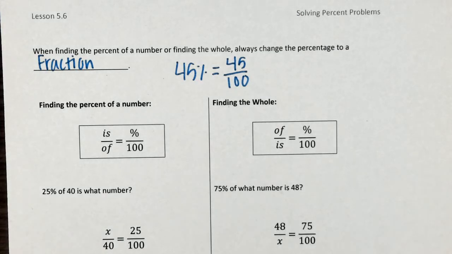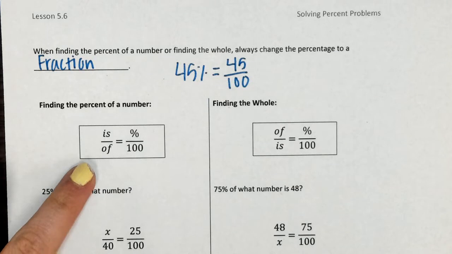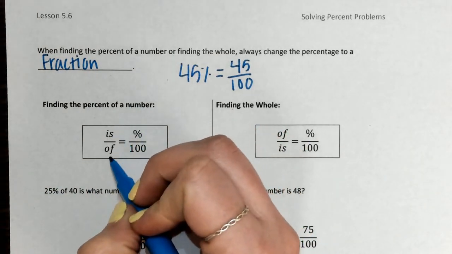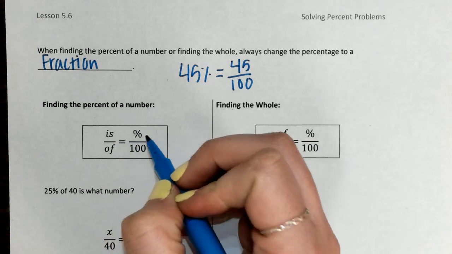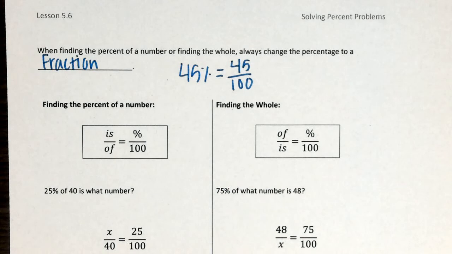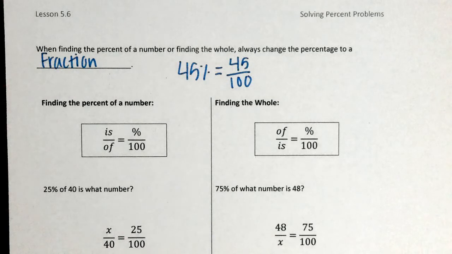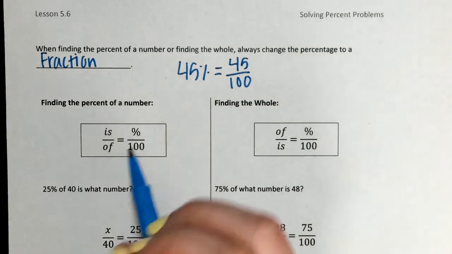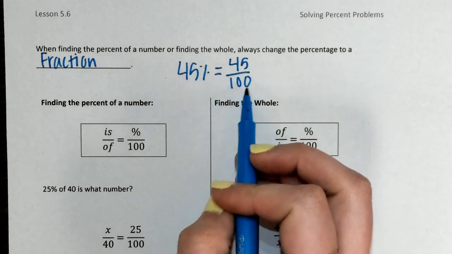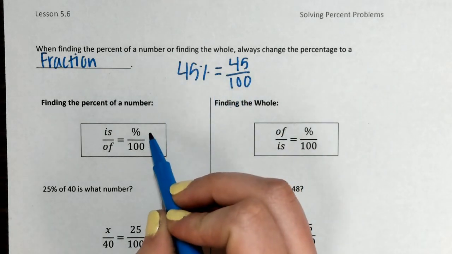Now, to find the percent of a number, you can see that we have is over of equals percentage over 100. So if we had 45%, it would be 45 over 100, so we'd put 45 in here.